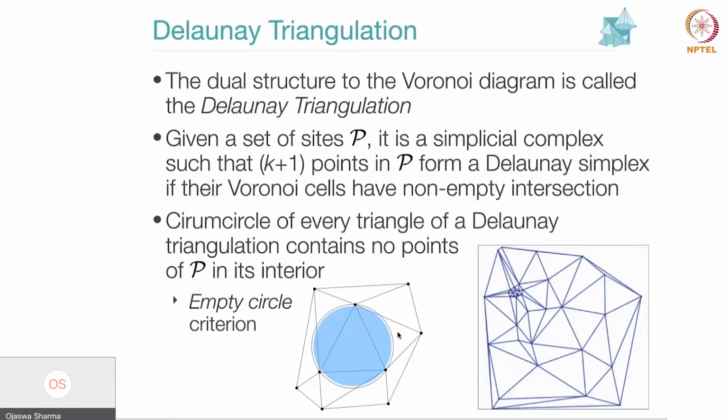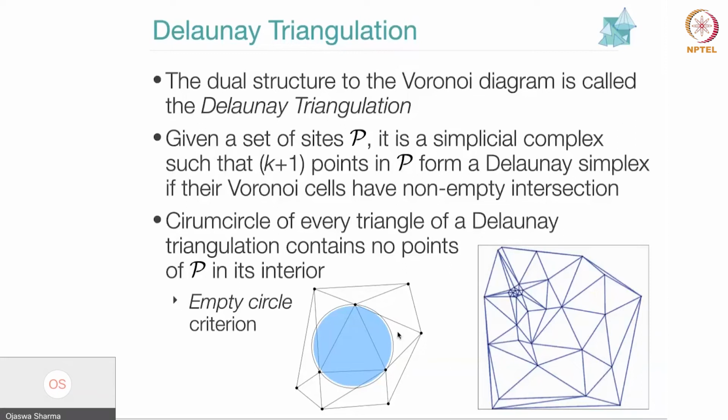So given a set of sites P, let's say these points belong to the set P, a Delaunay triangulation is a simplicial complex. Now there is this new word coming, simplicial complex. So what is a simplicial complex? Anybody knows what is a simplex? A simplicial complex in this case implies the simplest d-dimensional entity, a primitive that is possible in that space.